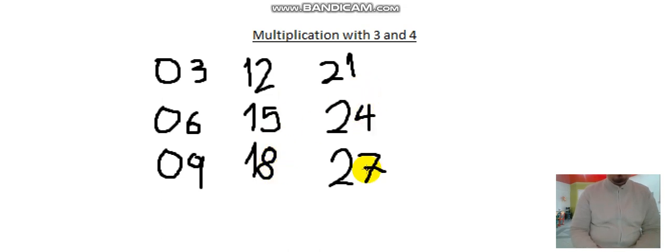But, as you can see, this requires that you write down the entire timetable of 3 just to do one multiplication. So again, it's not a very efficient method.